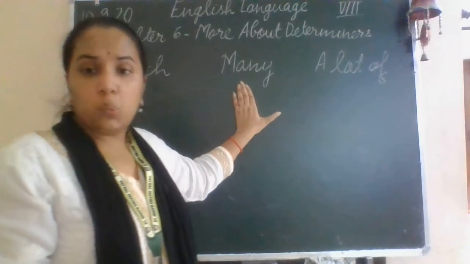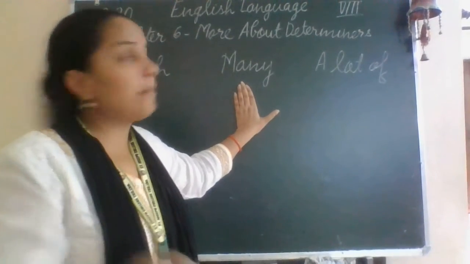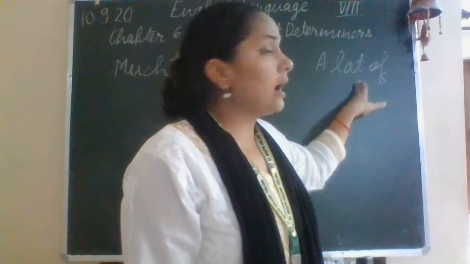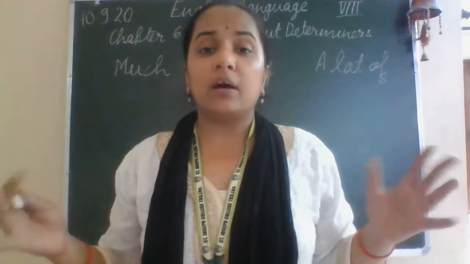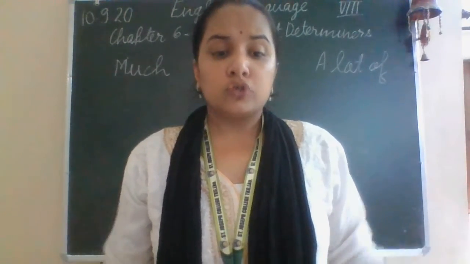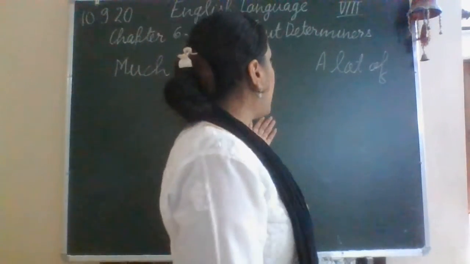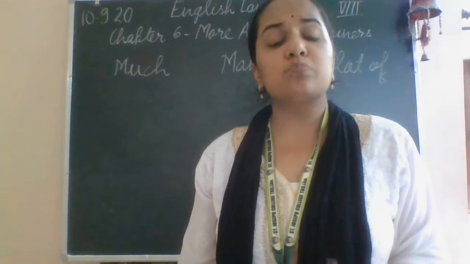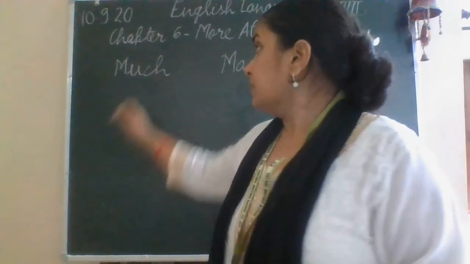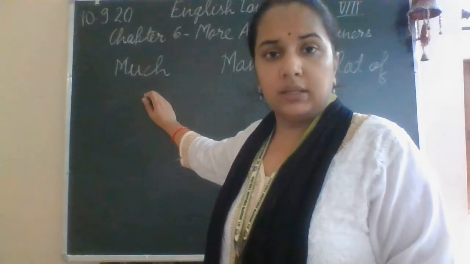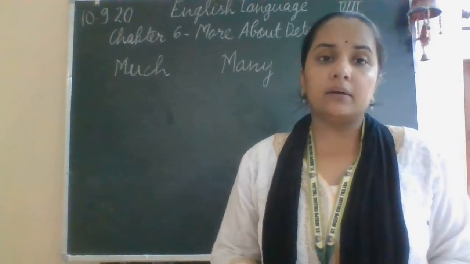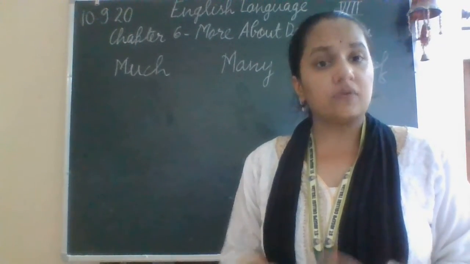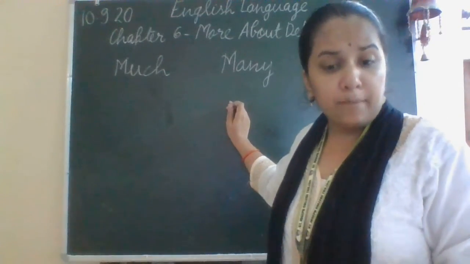Many, when we can count the things, we can determine a number. And a lot of, for the countables and uncountables both, because we are talking about a number of things. So for example, how much rice is left, how much sugar is left, how much milk is left. Then for the uncountable, we are using much. How many books you have, how many dresses you have. We can count, so we will use many.